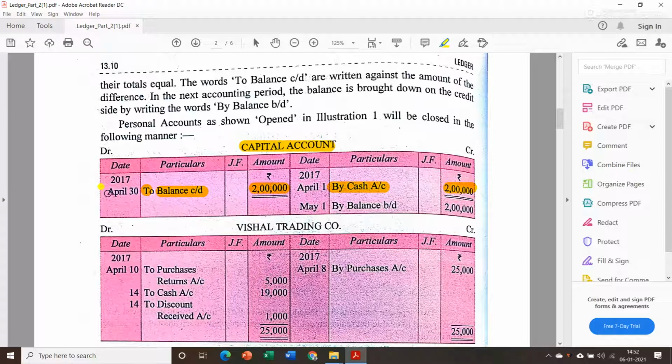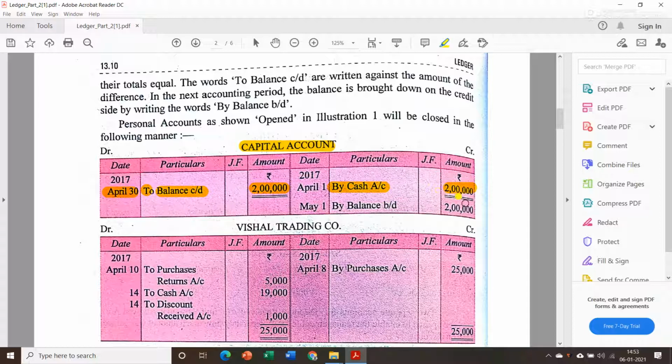This will take place on the last date of the month, April 30, because April is a 30-day month. We bring 2 lakh rupees on this side, and after bringing it we have 2 lakh each on both sides, so both sides are balanced now.